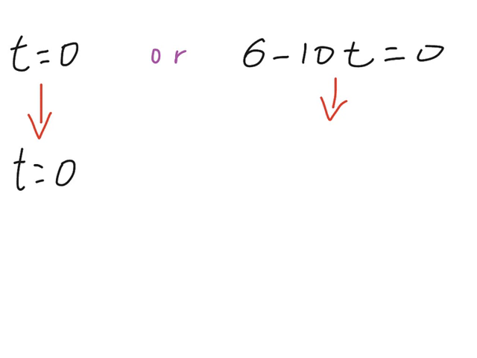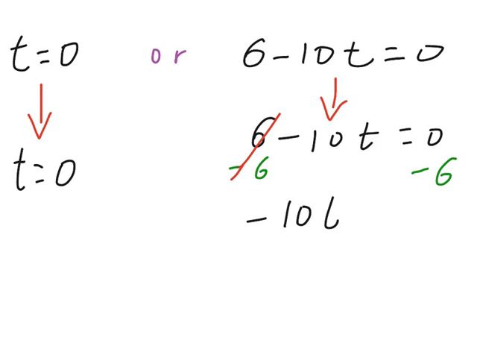To solve this equation, we can subtract 6 from both sides. So I have 6 minus 10t equals 0. I will subtract 6 from both sides to get rid of 6. These two cancel. This gets me minus 10t equals minus 6.